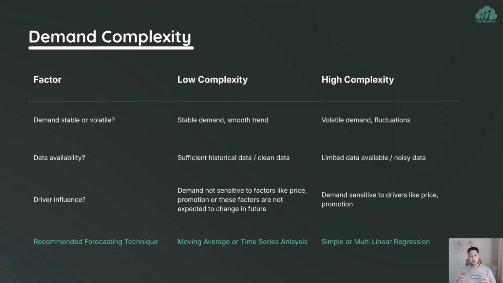Using this logic, high complexity SKUs justify regression-based approaches. Low complexity SKUs can be handled well with time series or smoothing methods. So the key takeaway from this lesson is that forecasting is not just about finding the best technique, it's about finding the right technique for the right product. Forecast segmentation helps you allocate forecasting effort where it matters the most and keep things simple where complexity does not add a lot of value.